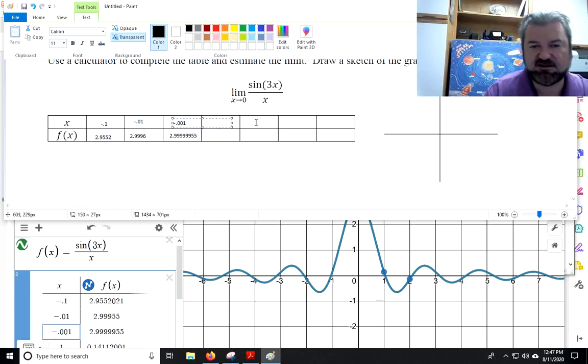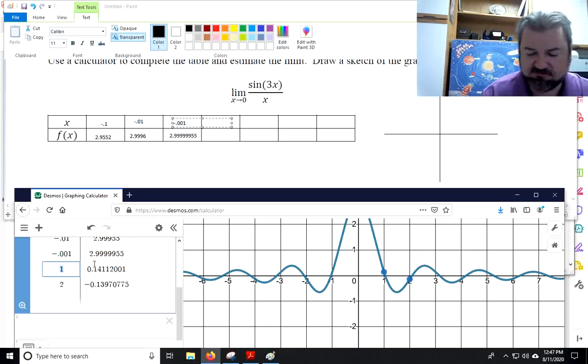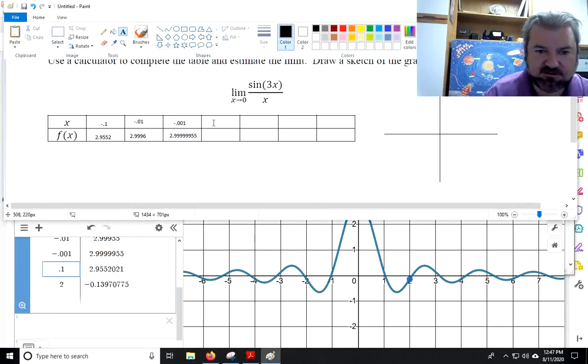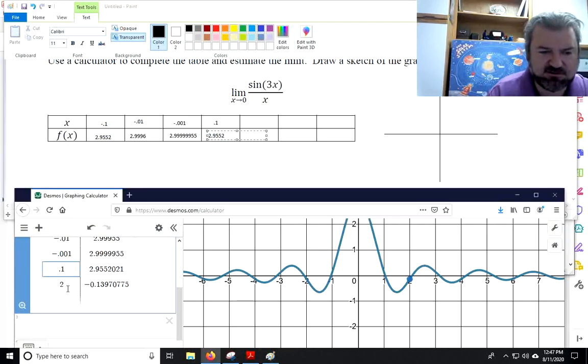All right, so this is not enough for us to conclude that the limit is 3. Don't get carried away. We got to do both, right? Don't forget, we got to check from both directions. So 0.1, 2.9552. A little bit of symmetry here, doesn't it look like?